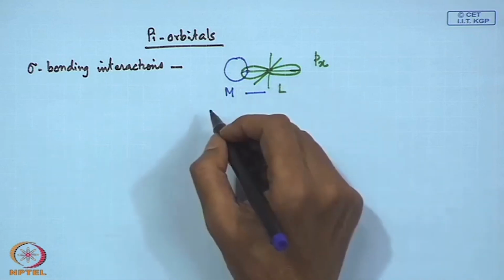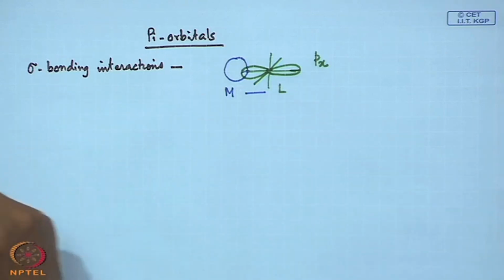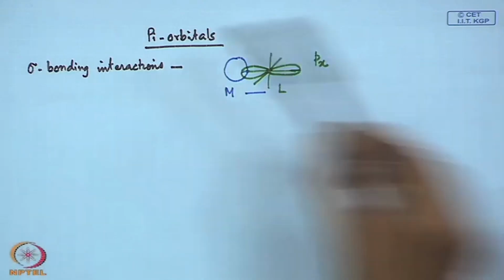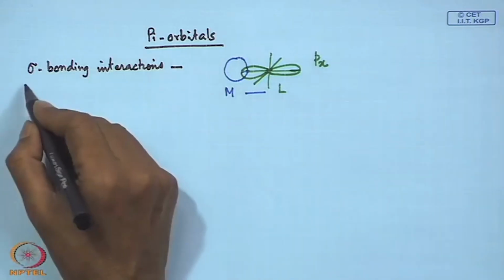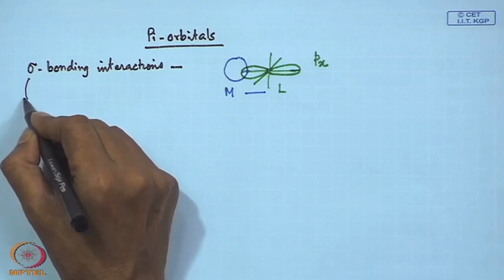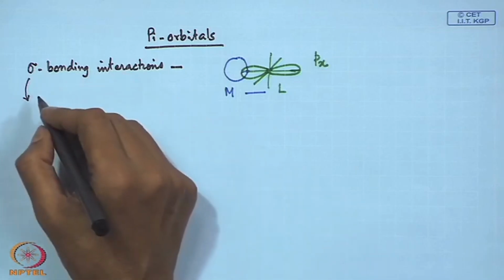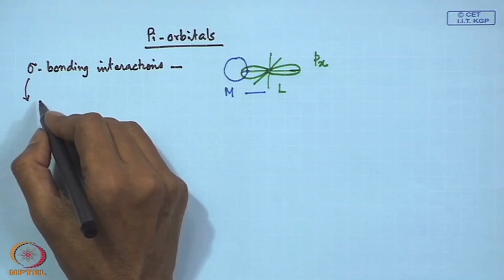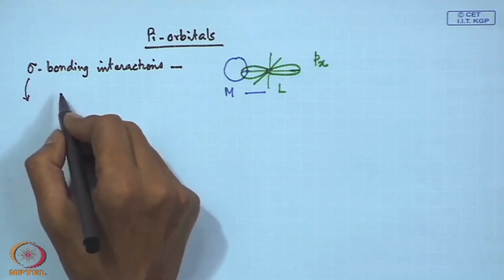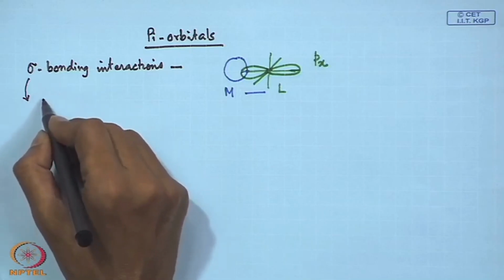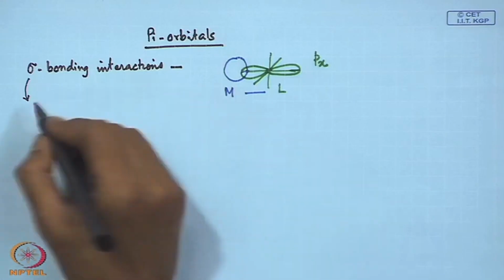Based on these, what we get from only the sigma bonding interactions is the corresponding ordering of the ligand strength.